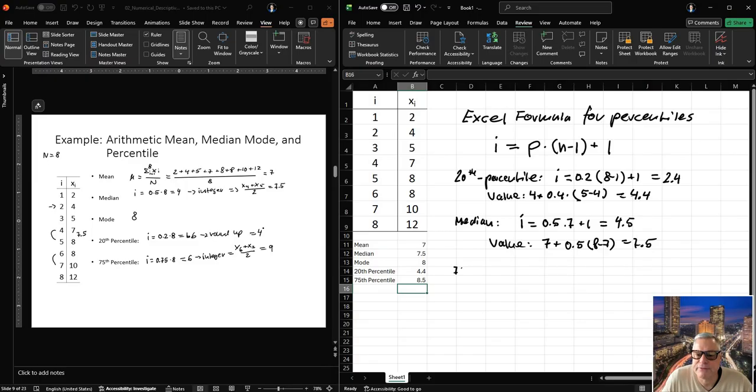So the 75th percentile. First we need to find the index number i.